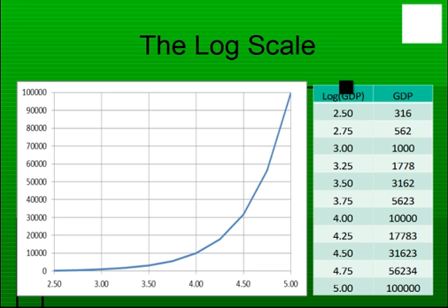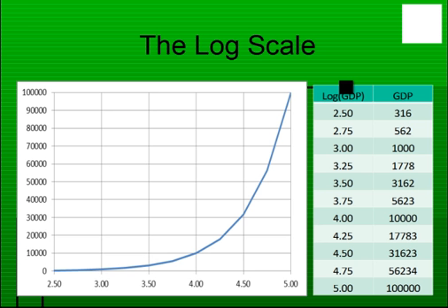One way to do this sort of automatically and smoothly and continuously is to use the logarithm scale. So instead of the GDP, if we take the log of GDP, then the scale keeps increasing continuously.